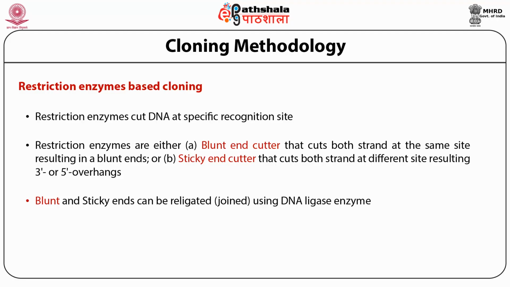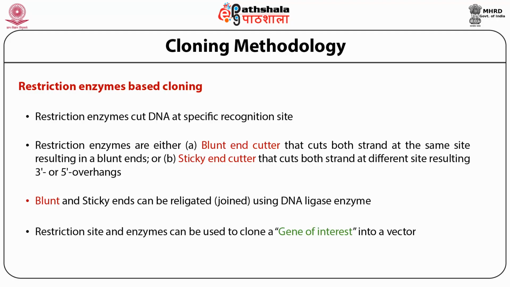However, the most convenient to use are sticky end cutters because they leave a 3' or 5' overhang, which can be religated by the DNA ligase enzyme. The restriction enzyme cut site in your gene of interest as well as in your vector should be unique. It means that your desired restriction enzyme cut site should not be present elsewhere in the gene of interest, otherwise digesting or preparing your vector as well as insert for cloning could result in multiple bands.